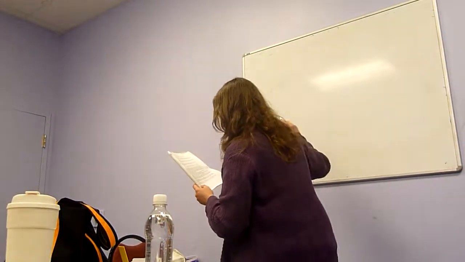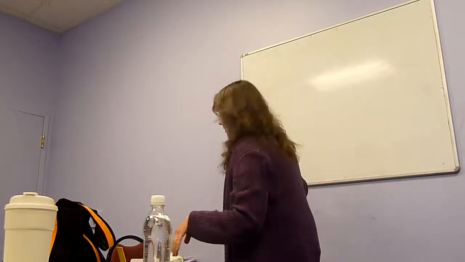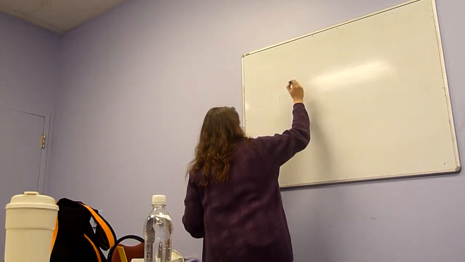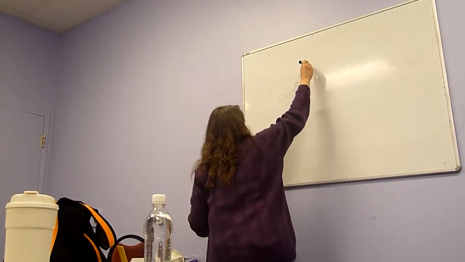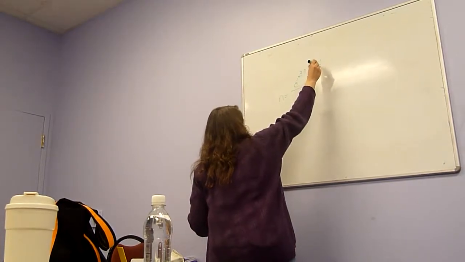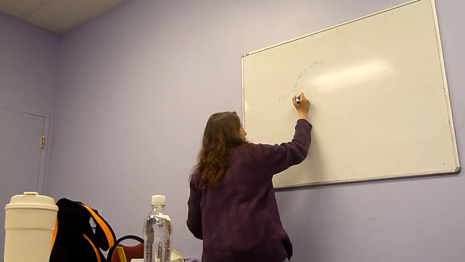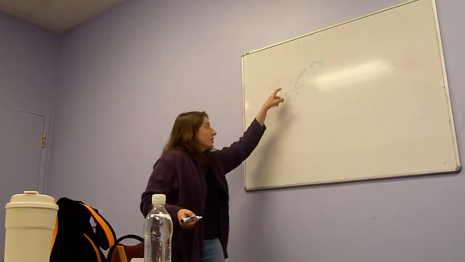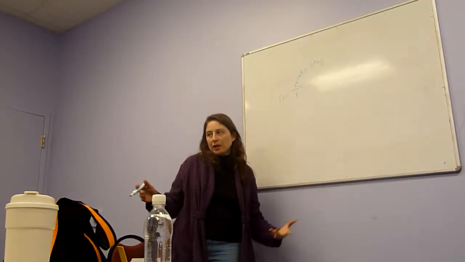Number 6, the index of refraction for ethyl alcohol is 1.4. What is the speed of light in ethyl alcohol? So you have another equation that's really, really easy. The index of refraction is the speed of light in a vacuum, divided by the actual velocity of light at the moment. So index of refraction is the real speed of light divided by the speed of light in that particular medium.